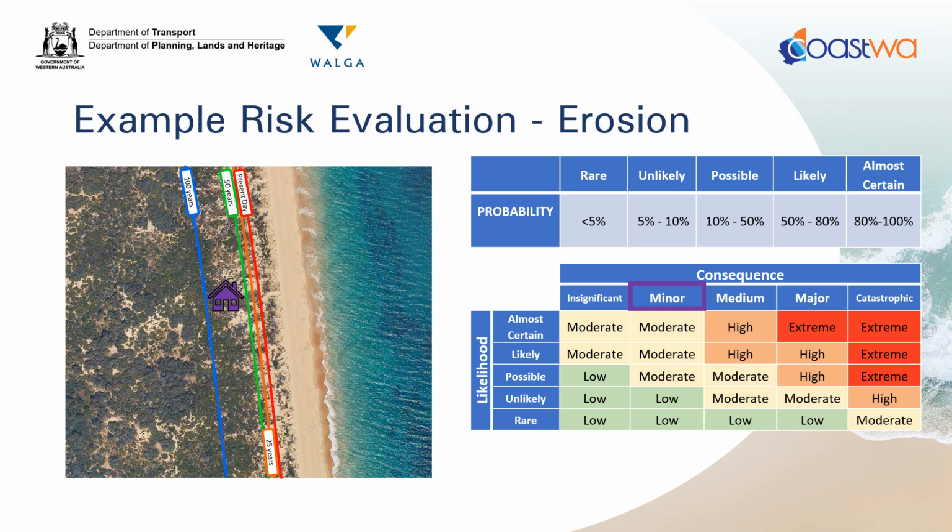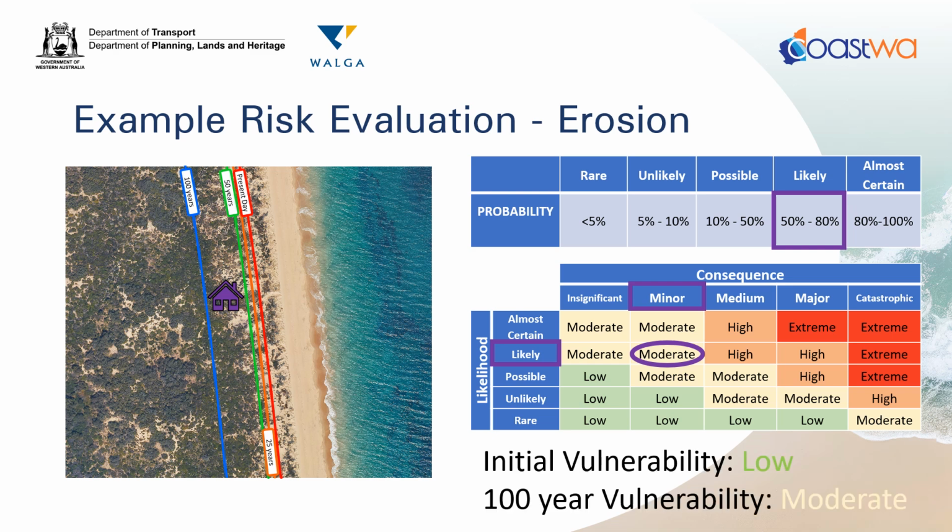That would be an example then where when we do assess that risk, we're back to our likely scenario, and we end up with a moderate level of risk and a moderate level of vulnerability. So the initial vulnerability in that case, where the seawall is in place, is low, and for a 100-year planning horizon, it increases to moderate.